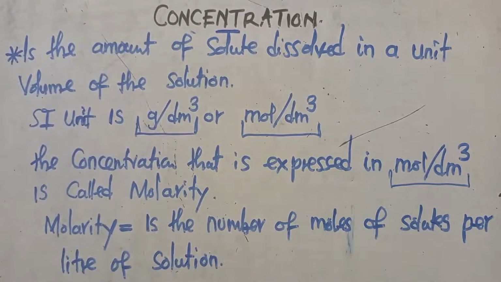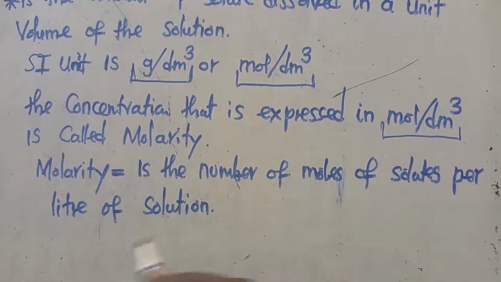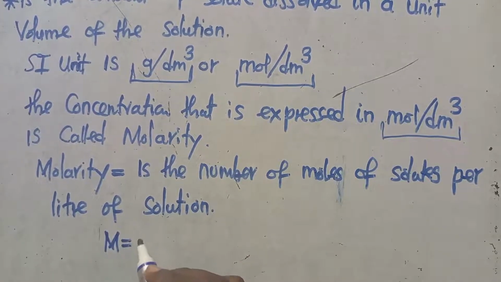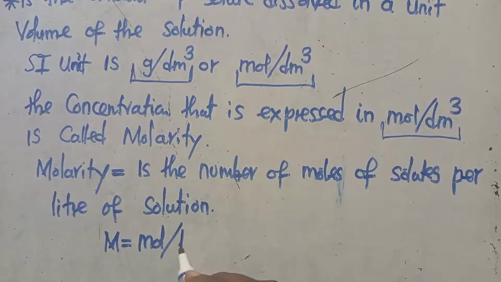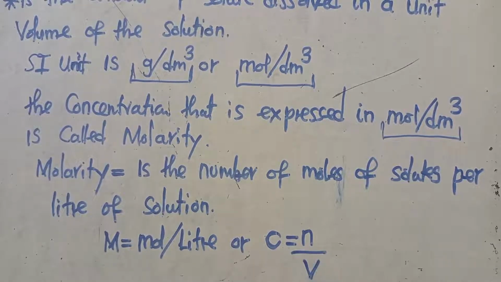This is the definition of molarity, where the symbol for molarity is capital letter M. Molarity is equal to moles per liter. Or this is the same as concentration is equal to number of moles over volume. It is just one and the same.